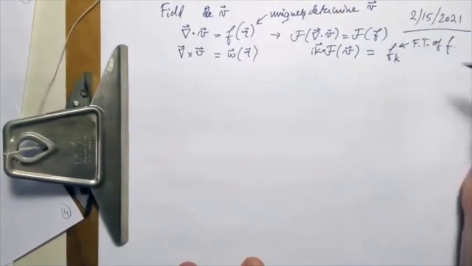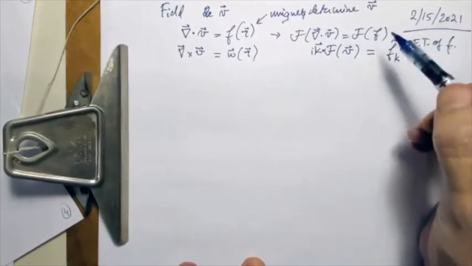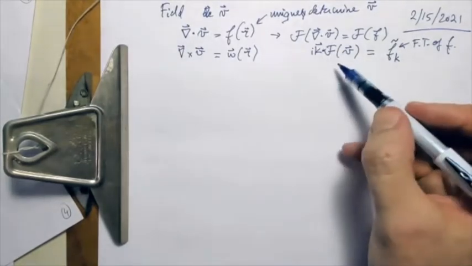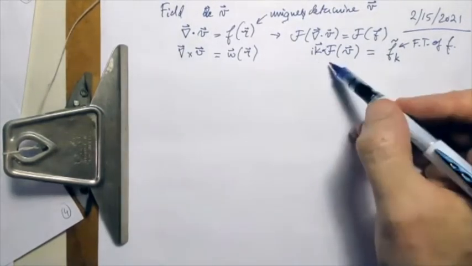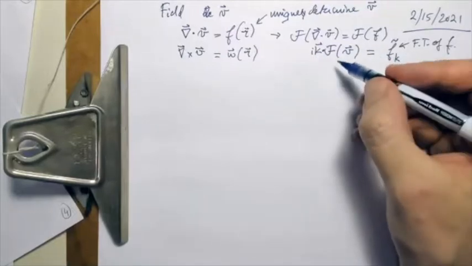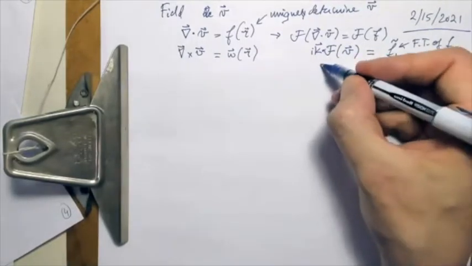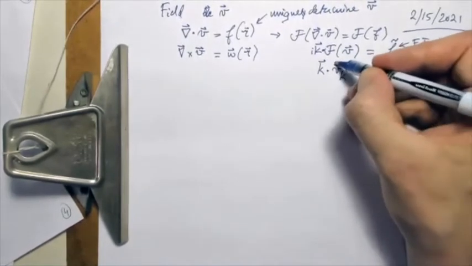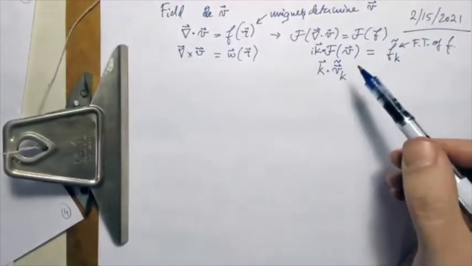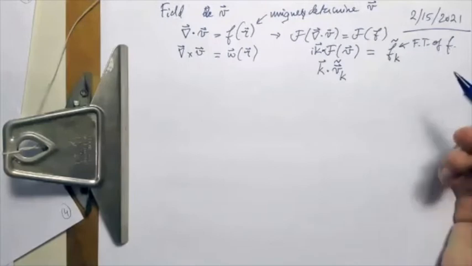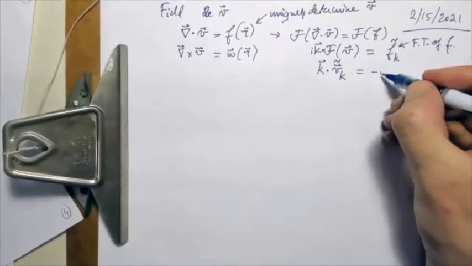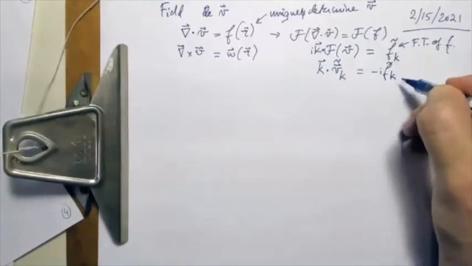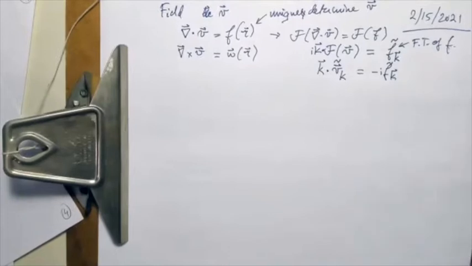The book uses a subscript k for the Fourier transform. I usually use tildes over it, but we also need tildes for other things. Unfortunately, that is not always helpful. Then we can reshuffle this a little bit and write k dotted with V_k, the Fourier transform of that field V, and then we move the i to the other side, so that's minus i, times f_k, and k is a vector.